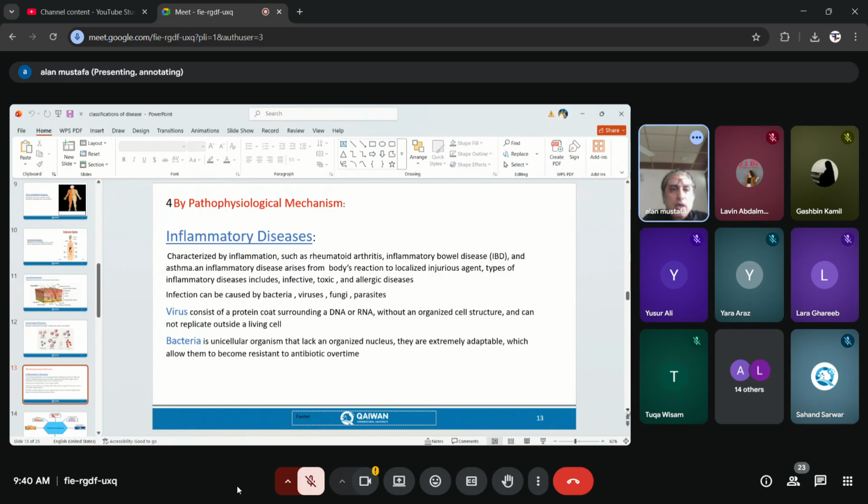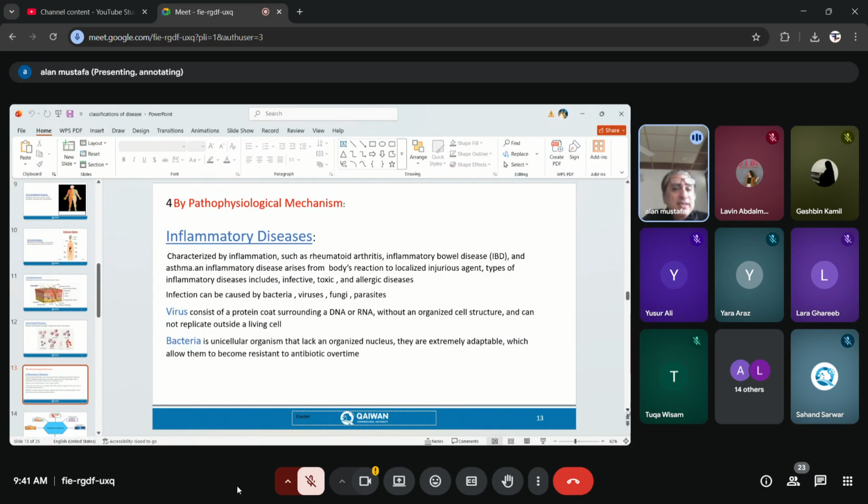And both viruses and bacteria can mutate. For example, you all remember the time of Corona. When Corona started, every now and then there were new mutations of the virus coming.